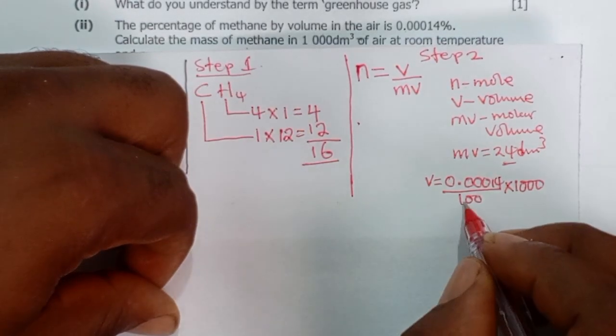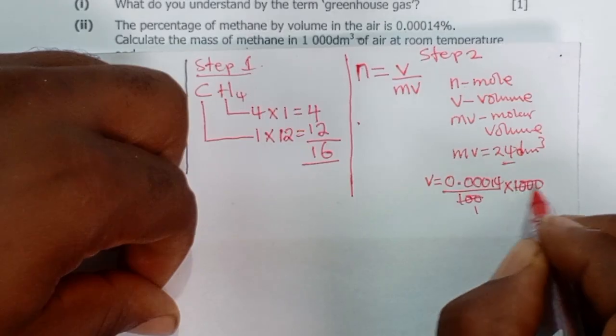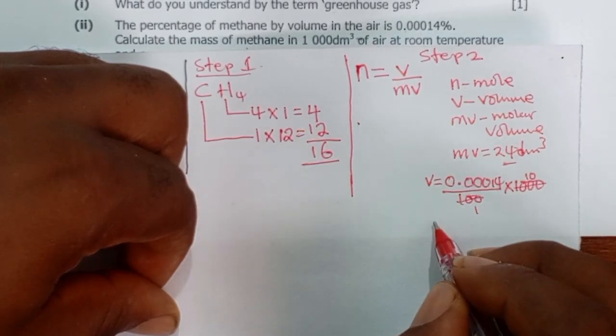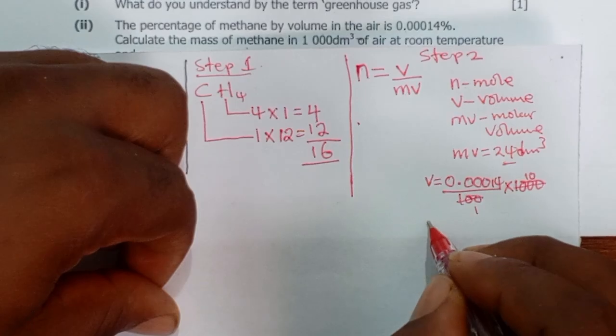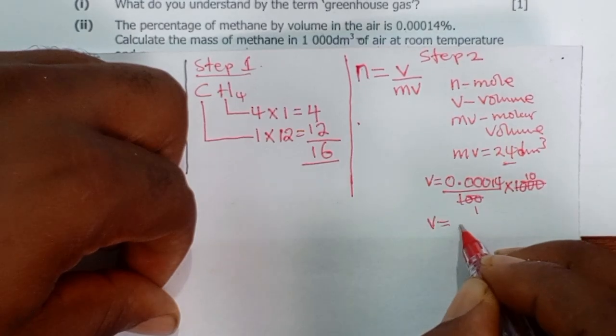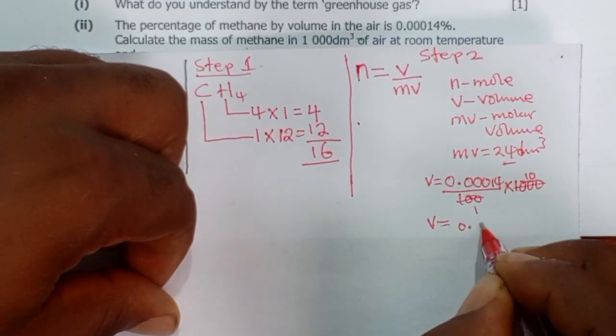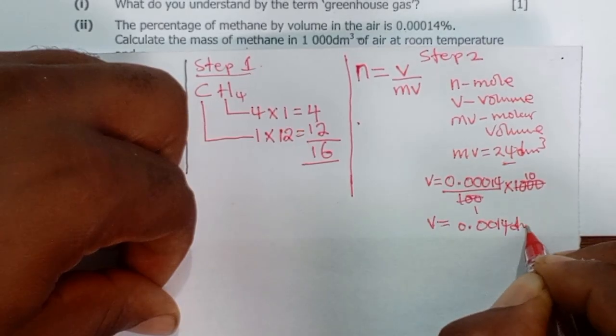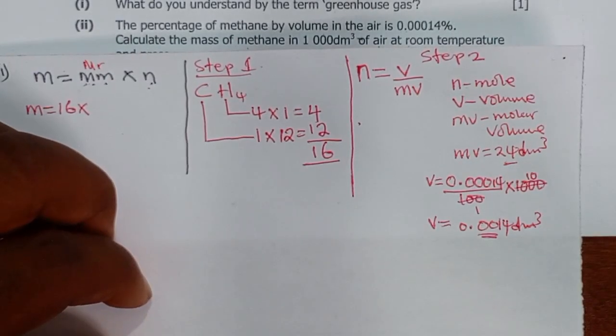So 100 there it's 1, 100 there it is 10. 10 times 0.0014, we are going to have volume is equal to 0.0014 decimeters cubed. So this is how we are supposed to calculate the volume of methane in the air.